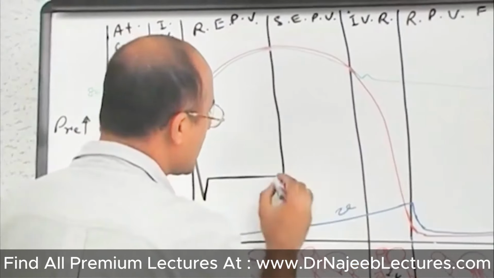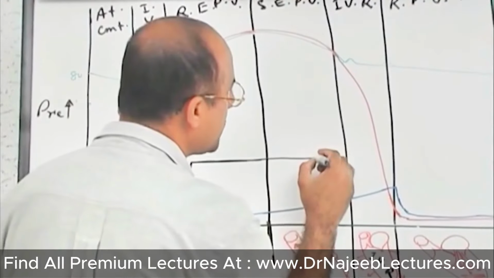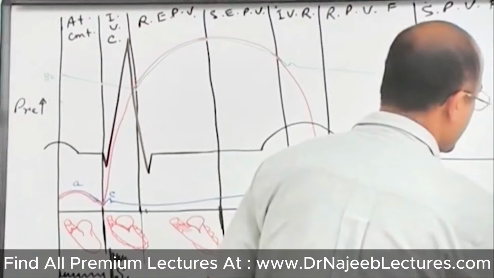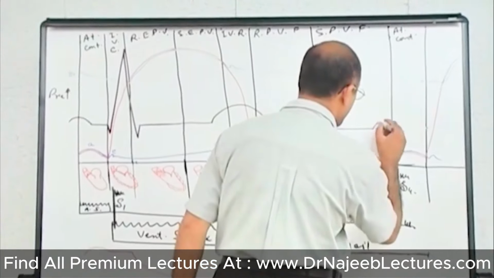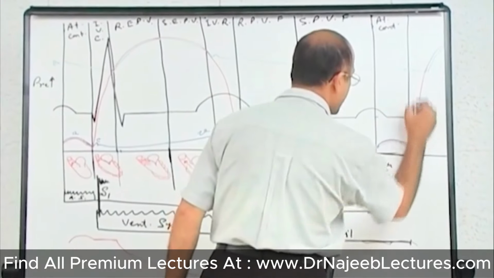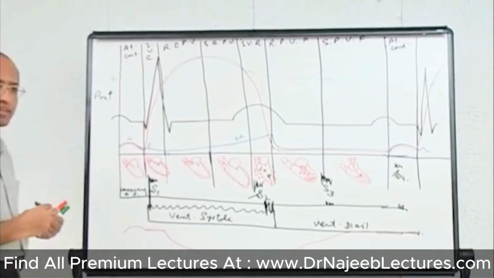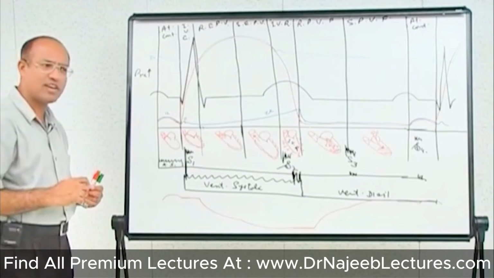But when relaxation starts, it means repolarization has started, and that will lead to which wave? T wave, right? So this is how the ECG can be superimposed on that, and of course here should be the next P wave with the next QRS. I hope you can correlate these things. Is there any question? A little bit not clear?